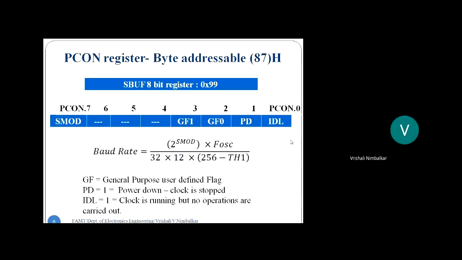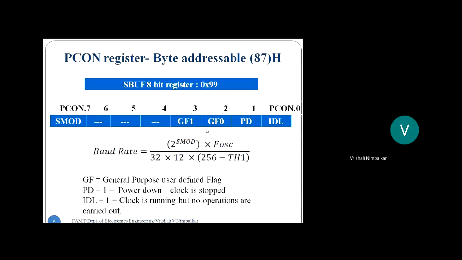So in power down mode, the special function registers are compulsorily going to change, whatever is stored in them. Whereas in case of idle mode, the contents of the special function registers as well as memory remain the same. And then these two are the general purpose flags, GF1, GF0, user defined general purpose flags.